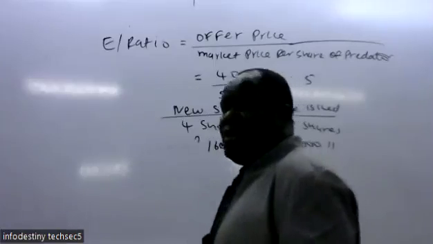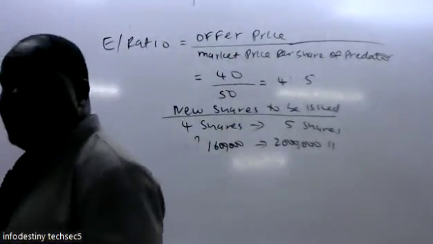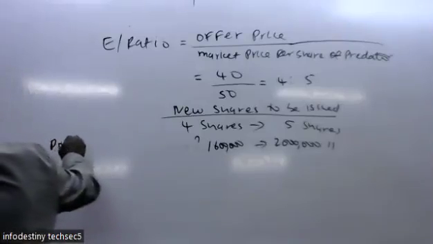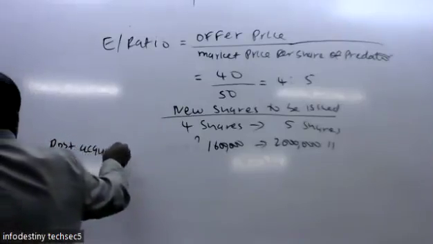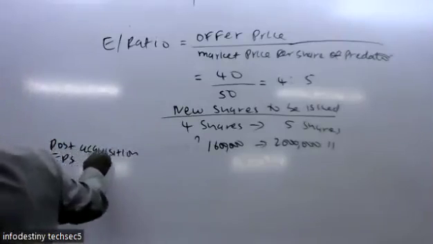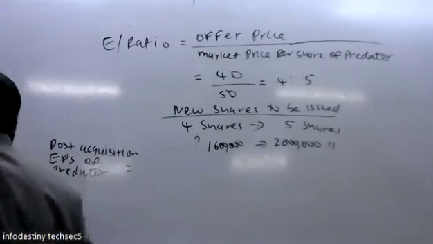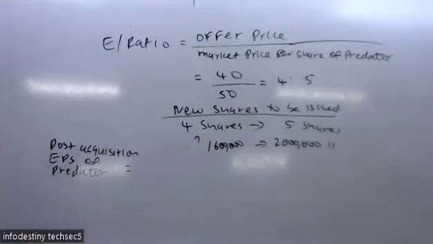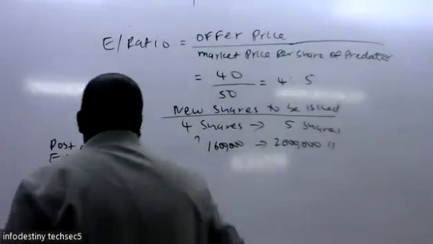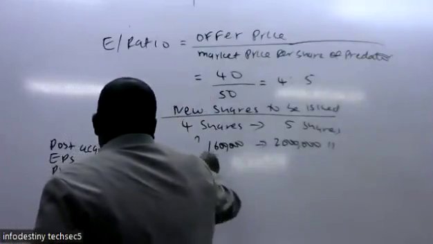So we want to get the earning per share of the predator. To calculate the post-acquisition earning per share of the predator, it is supposed to be given by the combined earnings of the predator and the target.